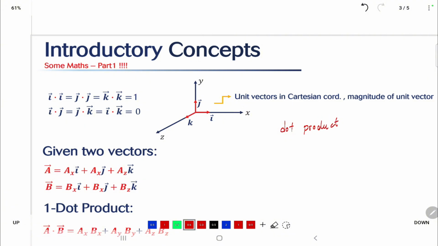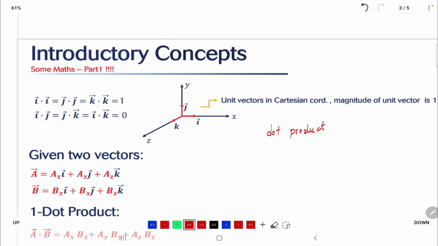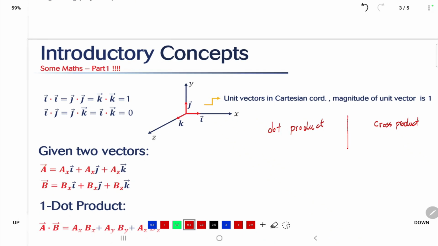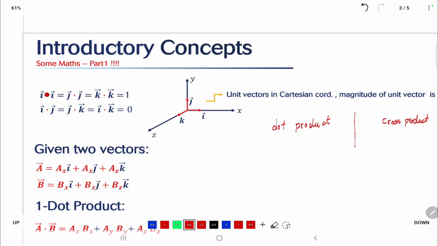Because I will have another type of product which is called a cross product. I guess many of you remember this one. So I am now discussing the dot product, designated by this dot. So it is I dot I and J dot J, K dot K, and so on.